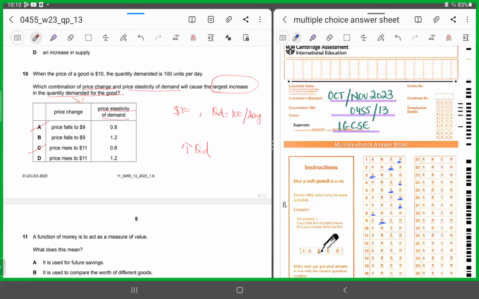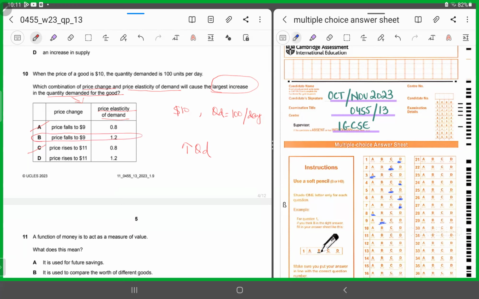Should there be a price rise or should there be a price fall? What does the rule of thumb say? Exactly. The rule of thumb says that there should be a fall in the price, right? So it should be B. Very good. See how easy things get when we use logic.